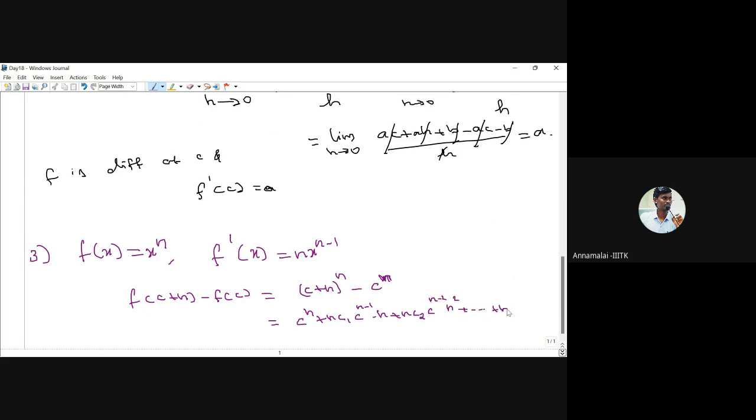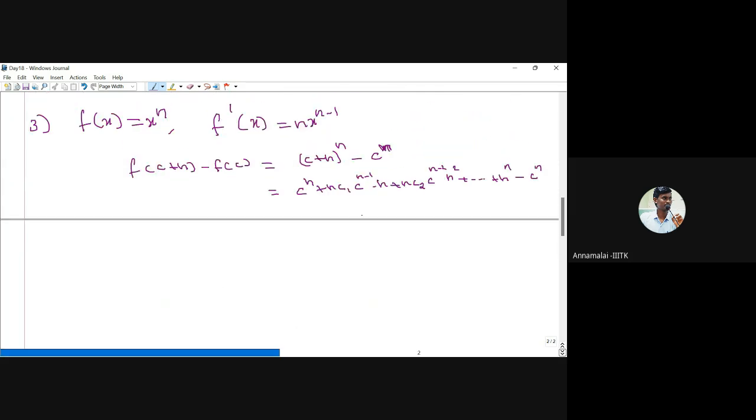Finally, we get h power n, minus c power n. This c power n cancels. Look, all the terms have h. Therefore we have n choose 1, which is n, c power n minus 1 into h, and then the next one is n choose 2 c power n minus 2 into h square and so on. Finally, we have h power n.